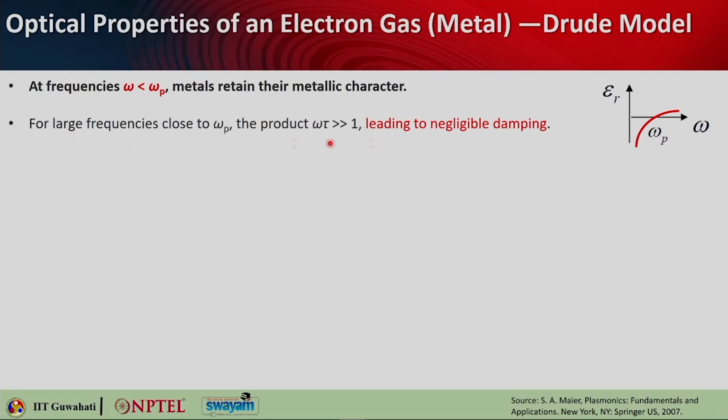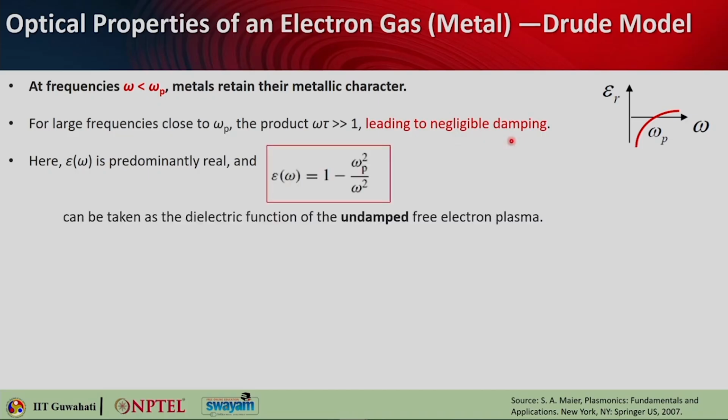Now, for large frequencies close to omega p, we will see that the product of omega tau is much greater than 1, that leads to negligible damping. Okay. And in this case epsilon omega will be predominantly real, because the damping is negligible, means that the imaginary part is also negligible.